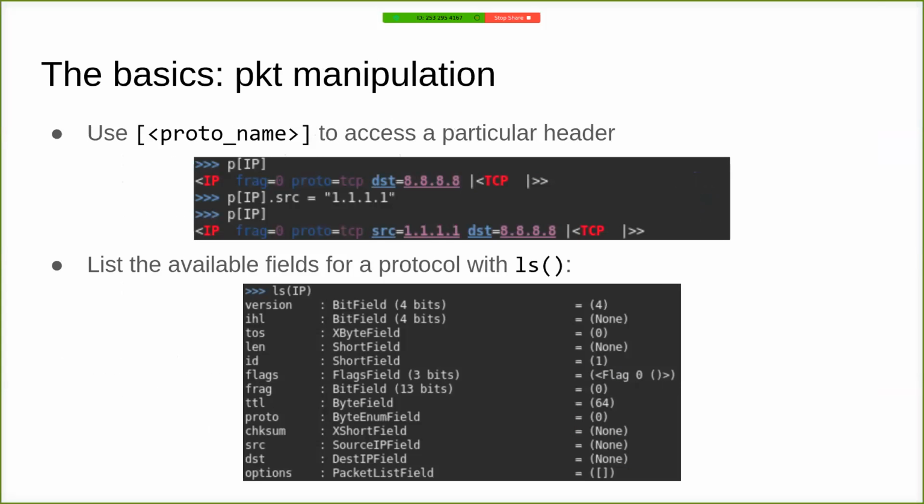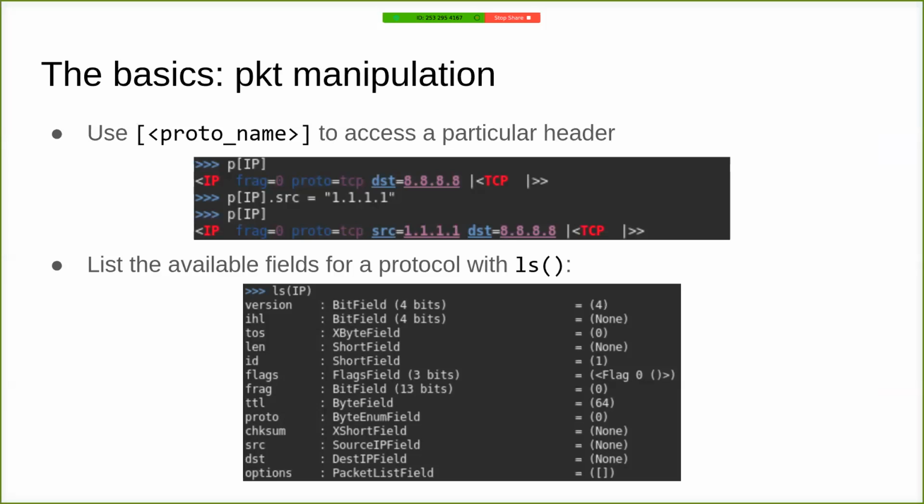In terms of manipulating existing packets, when you already have created them, you can copy them as any other object, deep copy them. You can essentially access any of the headers, and the way to access is using the brackets operator and using the name of the protocol. In this case, in the example, it's IP. You can use, as we said before, the ls command, that is used also to list all the available protocols.